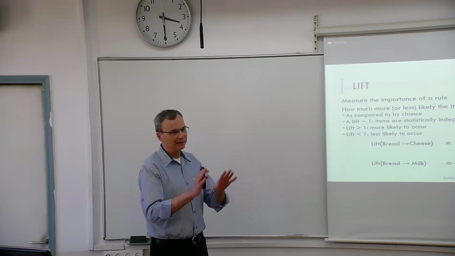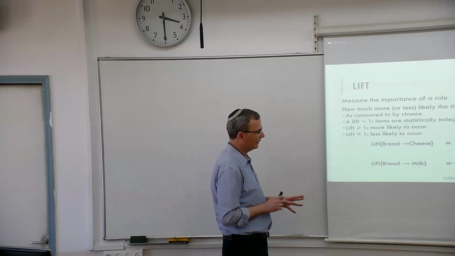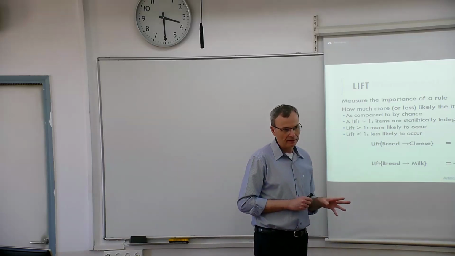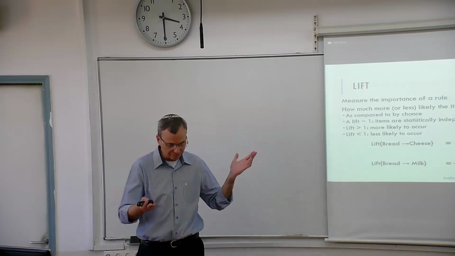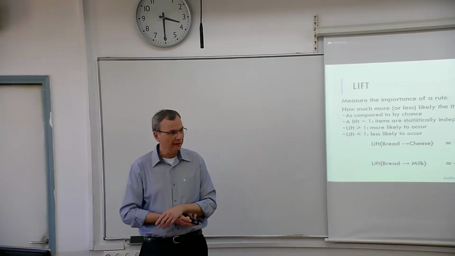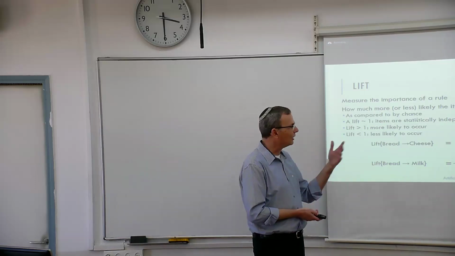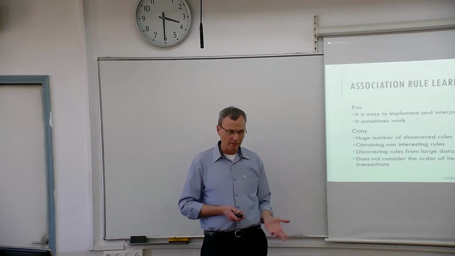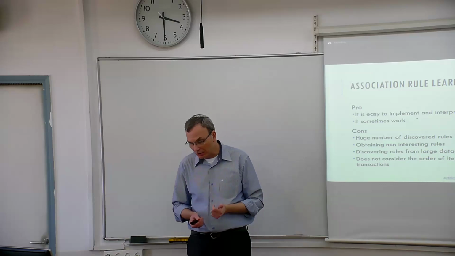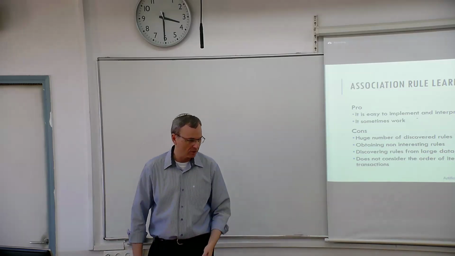This is basically the idea behind this method. As you can see, it's very technical, as you can imagine. And the idea here is to analyze plenty of baskets and try to find interesting rules. I'm not going to say more about this method because, as I said, it's not very useful. What are the pros and cons of it?